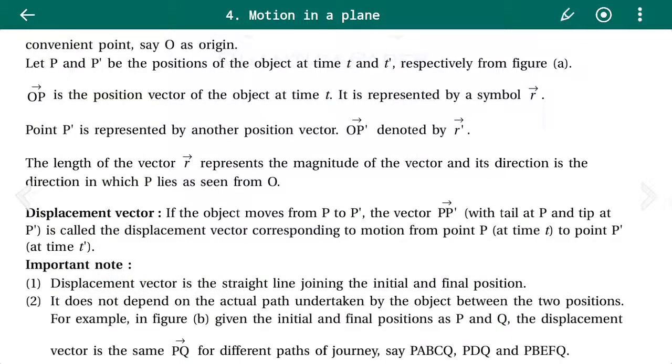Now the displacement vector. If the object moves from P to P dash, the vector PP dash with tail at P and tip at P dash is called the displacement vector corresponding to motion from point P at time t to point P dash at time t dash.